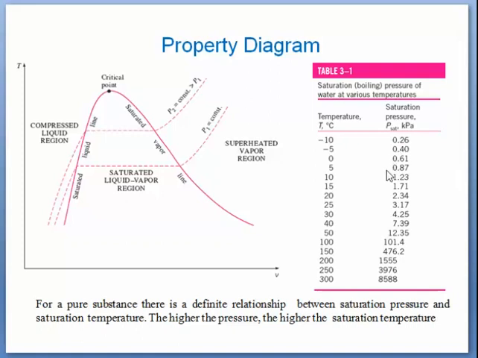Similarly, when we are moving ahead, the saturation pressure is increasing, our saturation temperature is also increasing, and finally at 101.4 kilopascals, that is atmospheric pressure, the saturation temperature becomes 100, that is also known as boiling point of water. So here you can see, as our pressure is increasing, saturation temperature is also increasing.